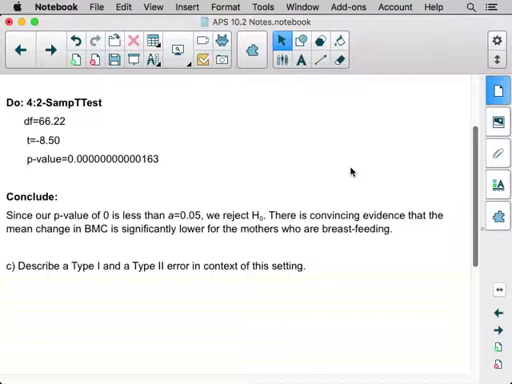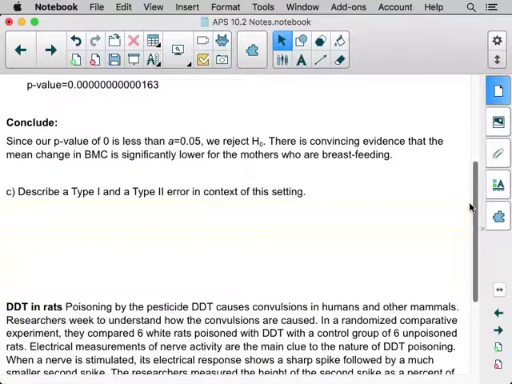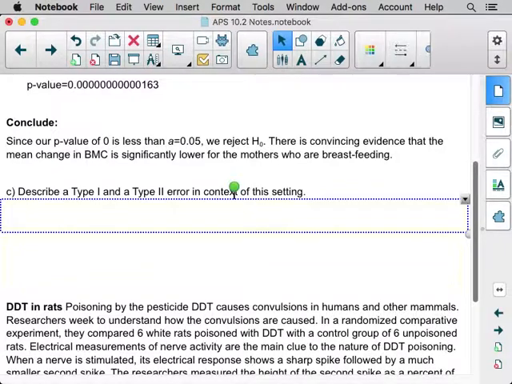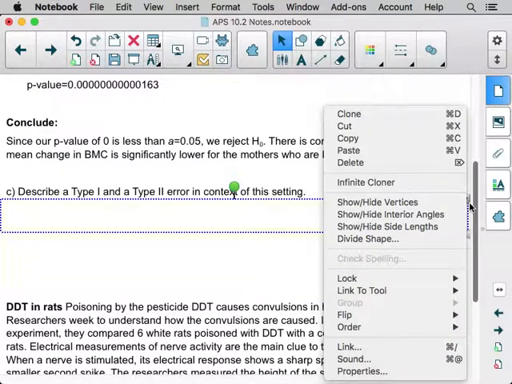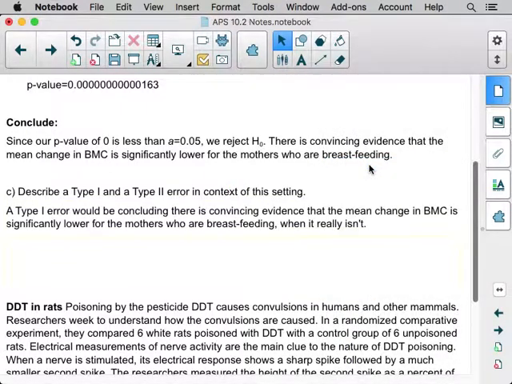All right. So we still want to keep in our conversation type 1 and type 2 errors. Those aren't going to go away, and the more we practice it, the more we keep up on that skill. So describe a type 1 and type 2 error in the context of this setting. Generically, remind me, what's a type 1? Rejecting when you shouldn't have. So concluding there is evidence, but there really isn't.